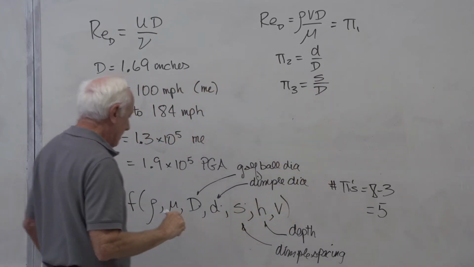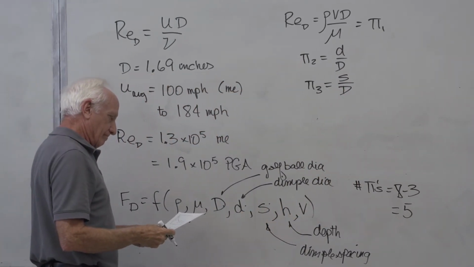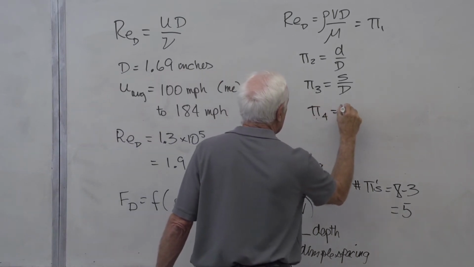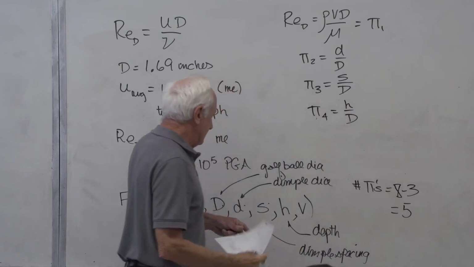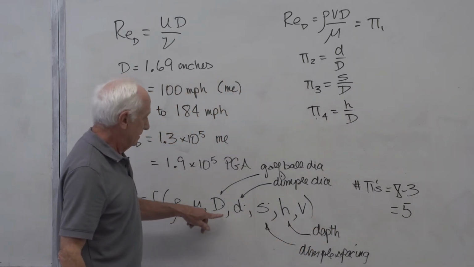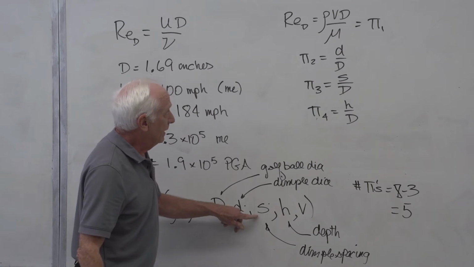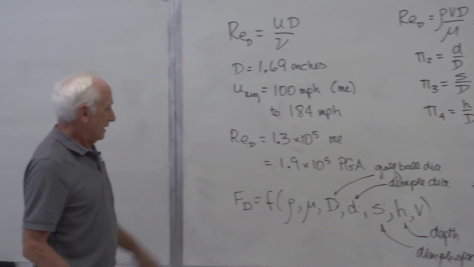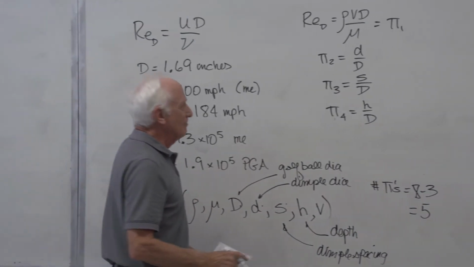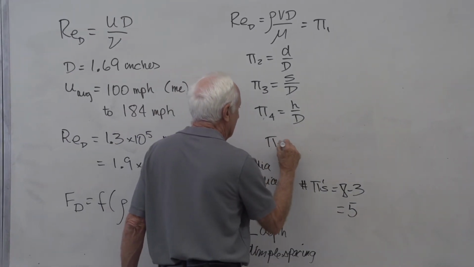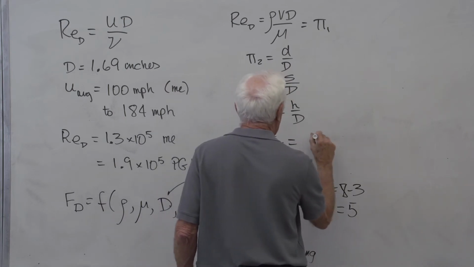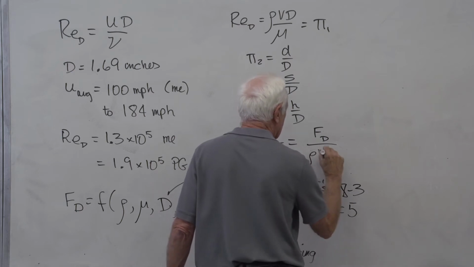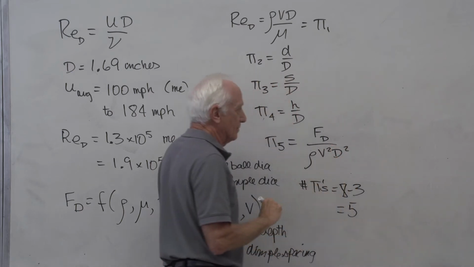I chose pi 4, h over D. Did I use big D, little d, s, h? Yes, good. I need to get FD now. I remember from that chapter that this particular pi parameter is FD over rho V squared D squared. We did that back in that chapter.